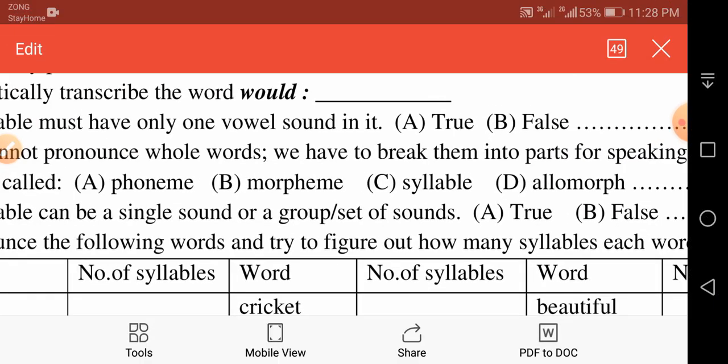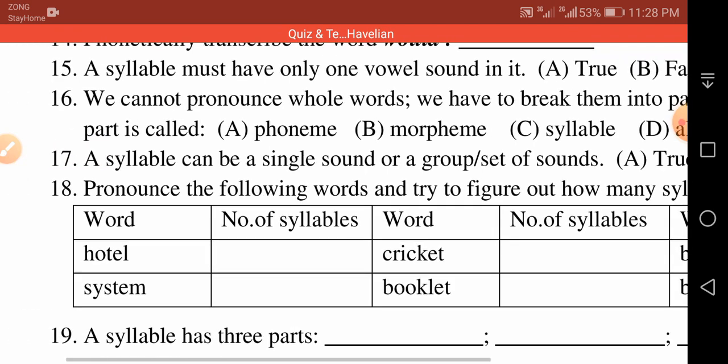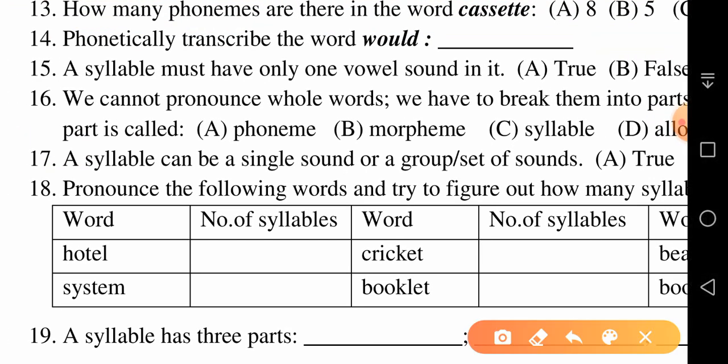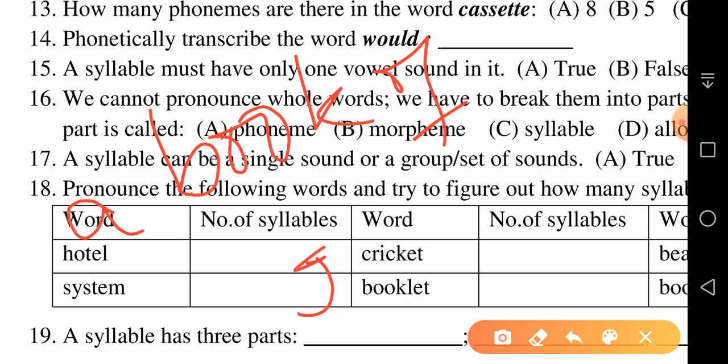Okay, now let's go to the next question. A syllable can be a single sound or a group or set of sounds. Yes, it is true. Let's say there's a sentence, a book of jokes.